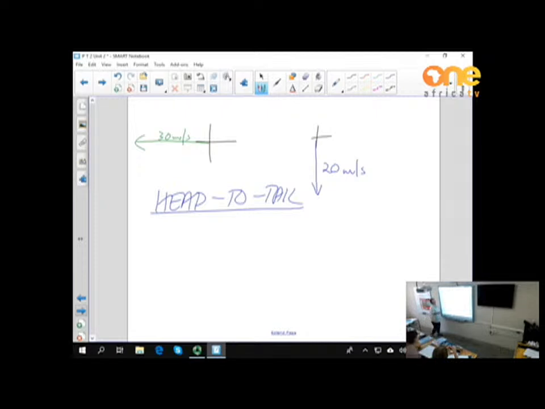Now, if I took this vector, have I changed its size or direction? No. All right. Now I'm just going to put it up a little bit higher. And now I'm going to add this 30 meters per second to that one. Have I changed its size or direction? No. Now, the answer is going to be the vector that starts at the beginning of the first one that I've drawn and will end at the tip of the last one.